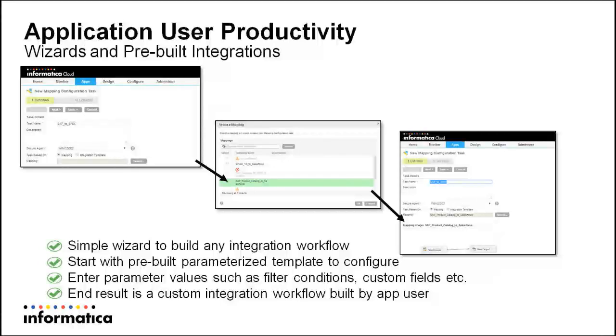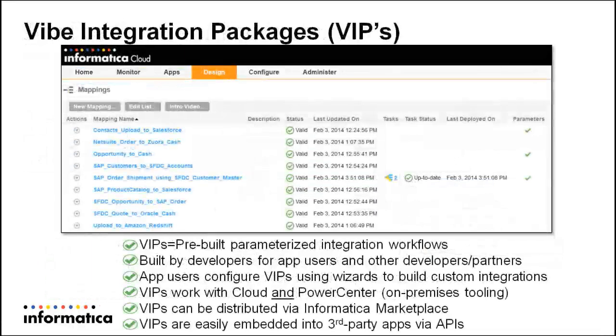So not only does the pre-built Vibe integration package encapsulate all the complexity, but it's not rigid. It allows consumers of the package to configure certain aspects of it, which are exposed through a kind of fill in the blank, where they go through a wizard interface and configure them.